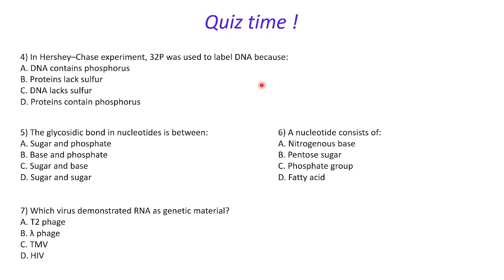Okay, number 4. In Hershey-Chase experiment, 32P was used to label DNA because: DNA contains phosphorus, proteins lack sulfur, DNA lacks sulfur, proteins contain phosphorus. Okay, I have got A, I have got AC, AC, okay.